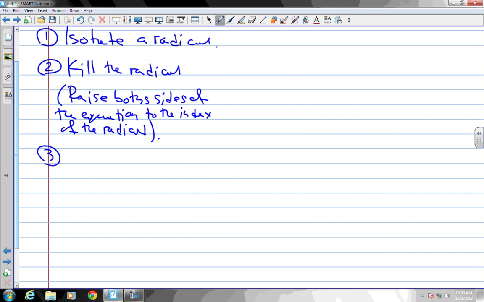So this way you killed one of the radicals. You can have another one floating around, so you should still check for more radicals. If there are radicals left, repeat steps 1 and 2. So you're going to keep isolating and killing till all roots go away.